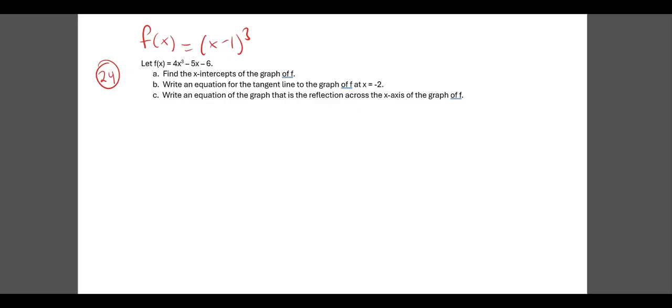I'm talking about part B, not this. So the limit as h goes to 0 of 4 times x plus h cubed, minus 5 times x plus h, minus 6.